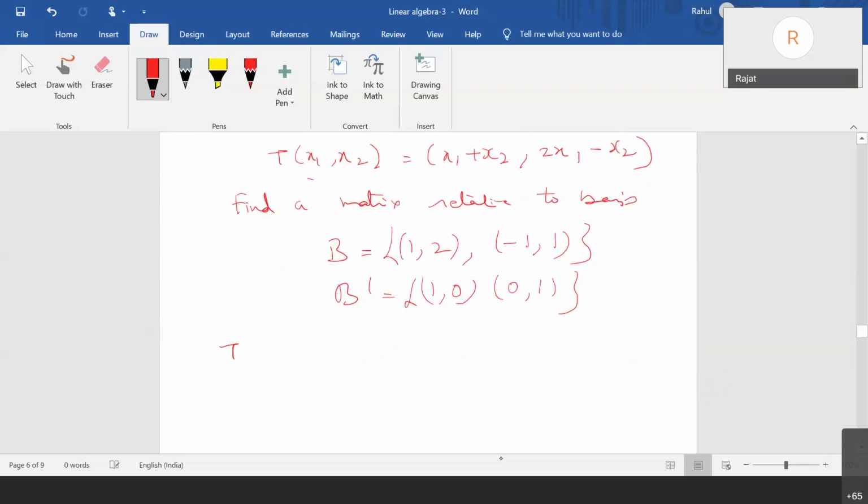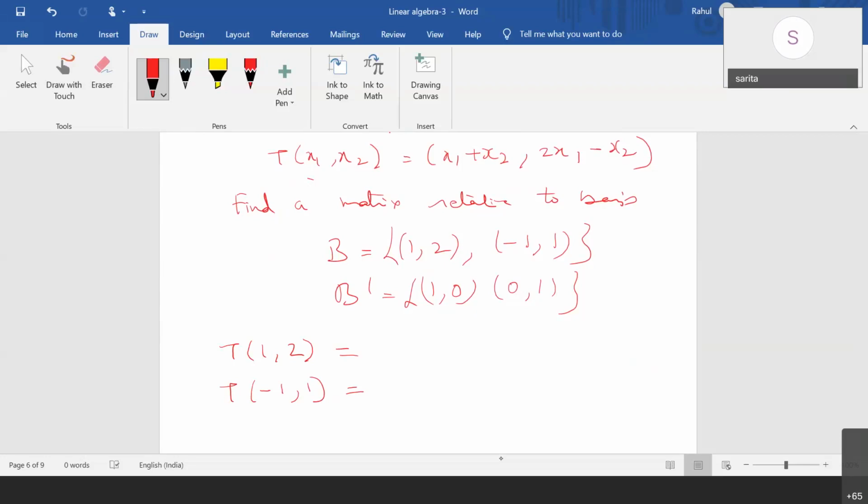What I am saying is, how do you write T(1,2), and how do you write T(minus 1, 1), because these are the basis in V and these are the basis in W. So you will write T(1,2). You just have to understand that you have two bases, one in V and one in W.